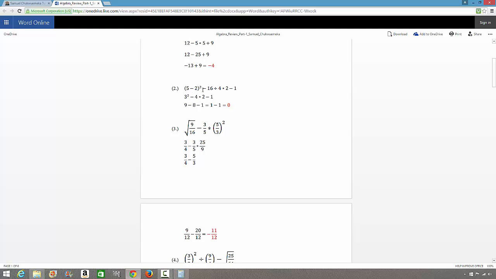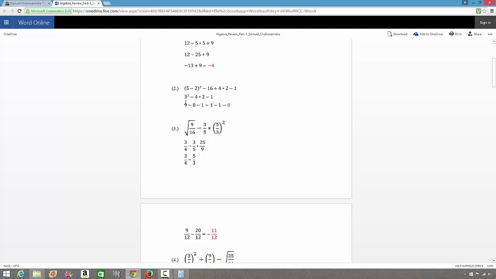Then 3 squared, minus 16 divided by 4. When you have division and multiplication, you do that from left to right, whichever comes first. So 16 divided by 4 is 4. You bring down your multiplication sign and your subtraction sign. Then 3 squared is 9.